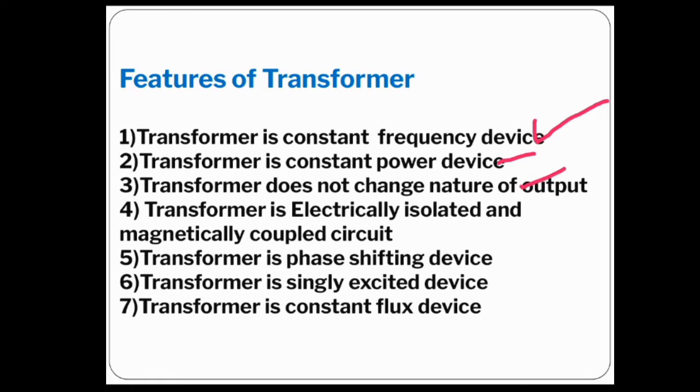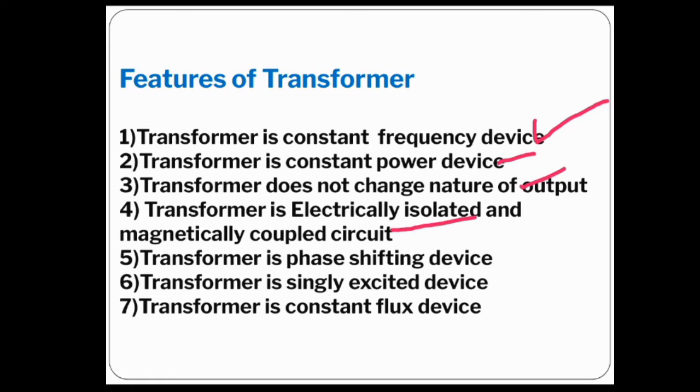The two windings are not connected electrically, they are connected magnetically. This will be very clear when I discuss the working of the transformer in future topics: how they are not connected electrically, and how they are connected magnetically. So first you have to remember the transformer is an electrically isolated device and a magnetically coupled circuit.